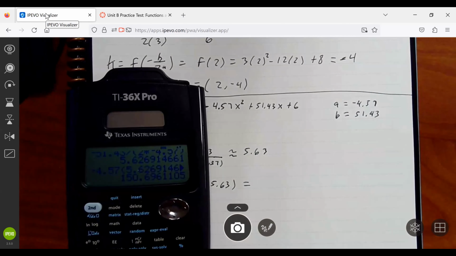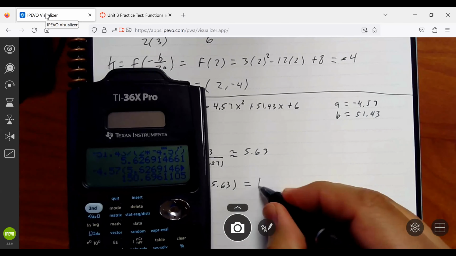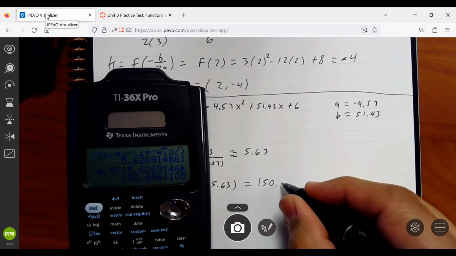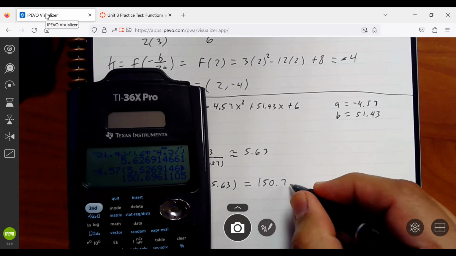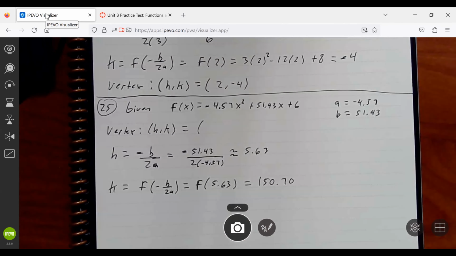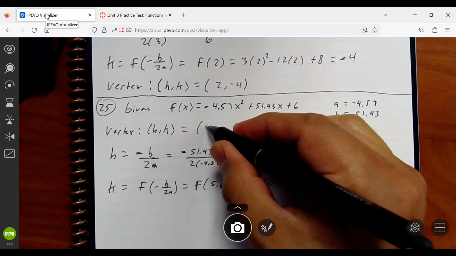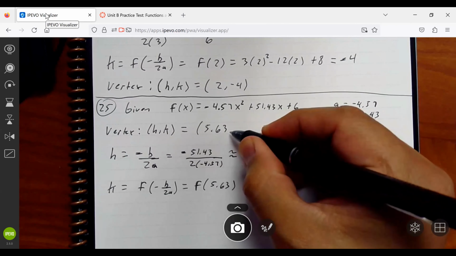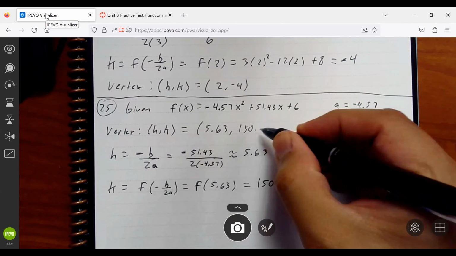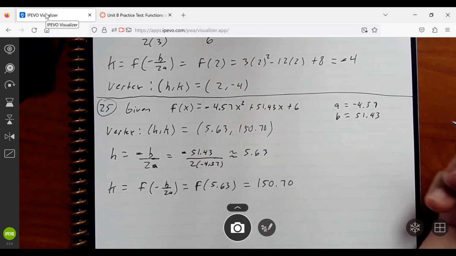It looks like 150.7. All right. So we have our vertex of 5.63 comma 150.70. What was x again?